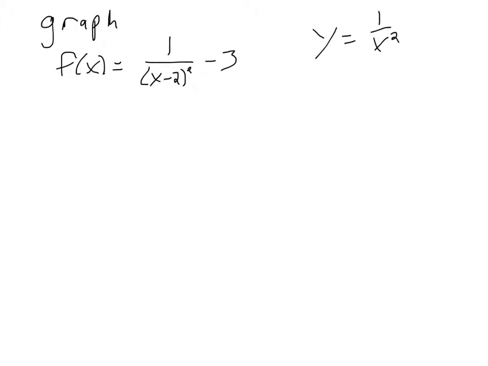So what type of transformation do we have to do to the original parent function here? Yep, to the right 2 and then down 3. So if we're going to the right 2, our vertical asymptote used to be at 0. It's now going to be at 2. So I'm going to draw a nice dotted line for our vertical asymptote here.